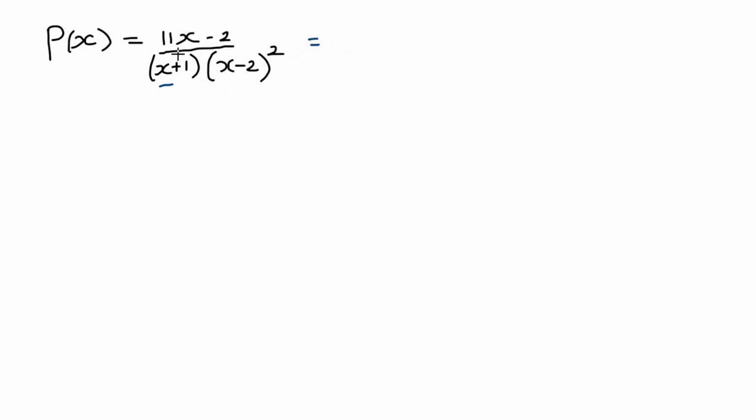The first part will be due to the linear factor x plus 1, and the numerator will be of the form A over x plus 1, plus the next part, B over x minus 2, then the last part, C over x minus 2 squared.